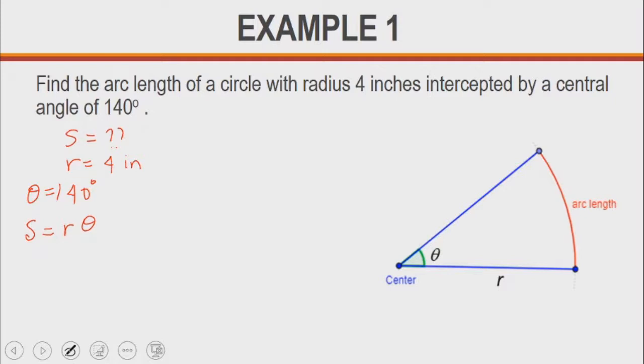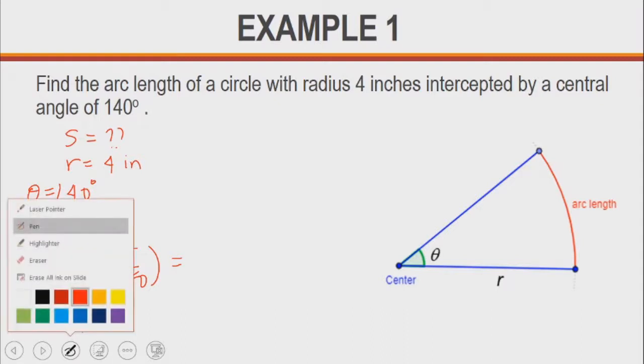So the first thing we have to do is convert the angle in degrees to radians. 140 degrees multiplied by pi over 180 degrees, at the end we get 7 over 9 pi. So theta now is 7 over 9 pi radians.